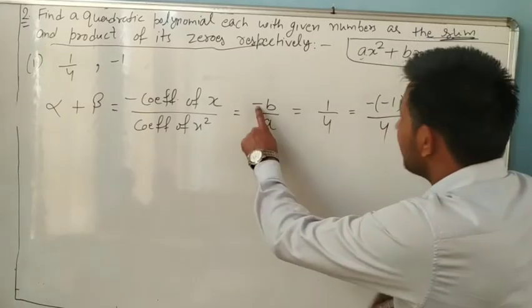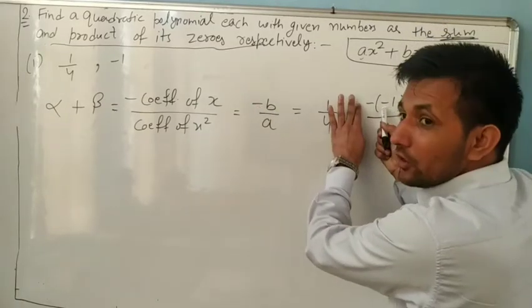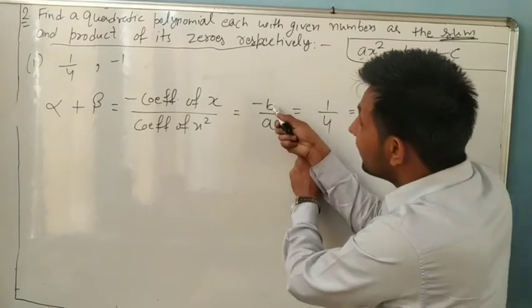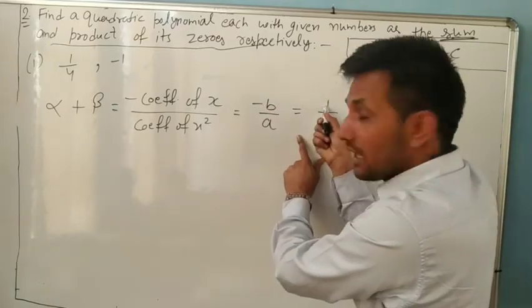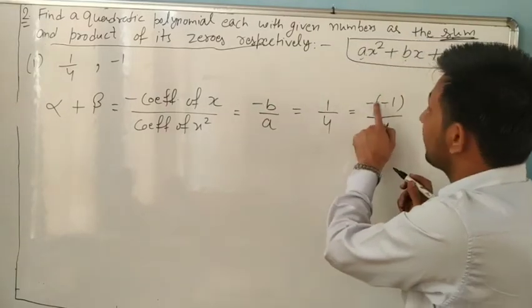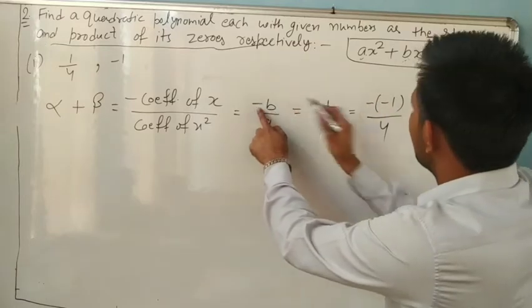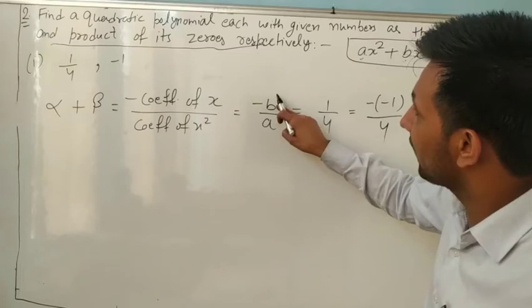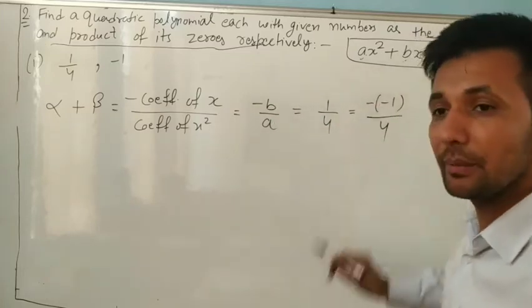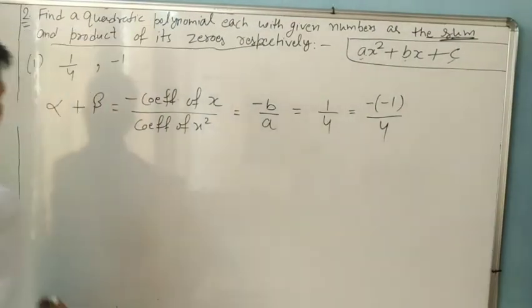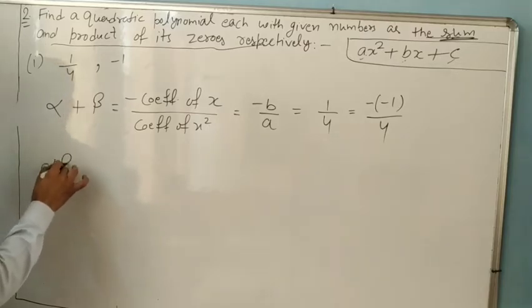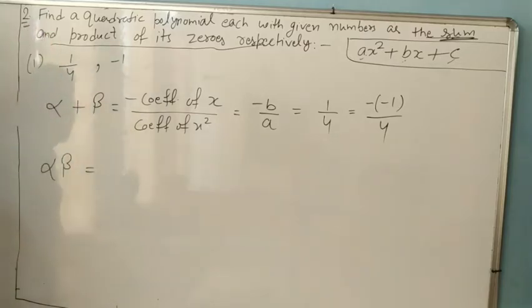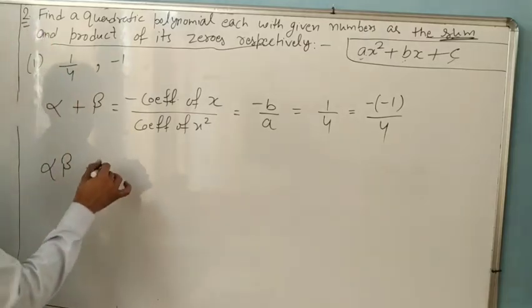Because minus into b, negative into negative, is positive. We need b here as minus, but here it is positive, so it becomes negative into negative. So the minus sign stays as it is, and b value is minus 1. So we know b value and a value. Now what remains? C. And we will find the C value using alpha into beta. Alpha into beta, what is it?